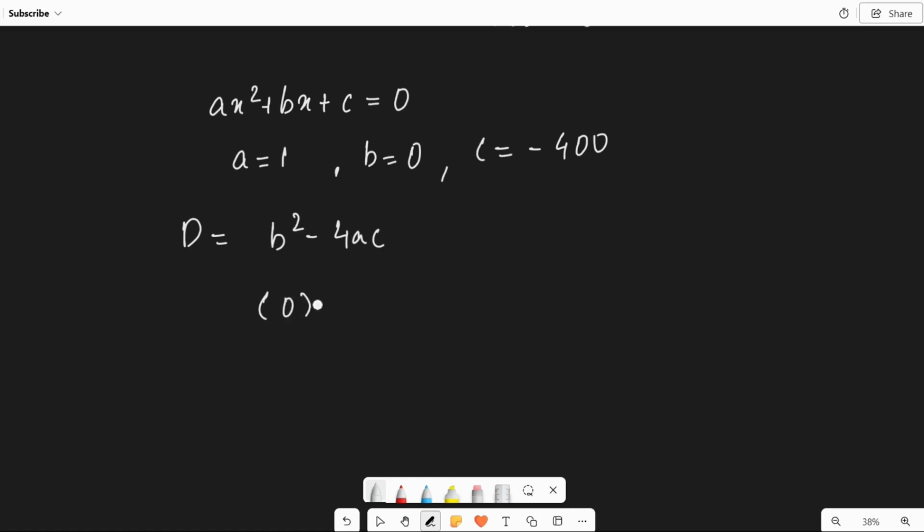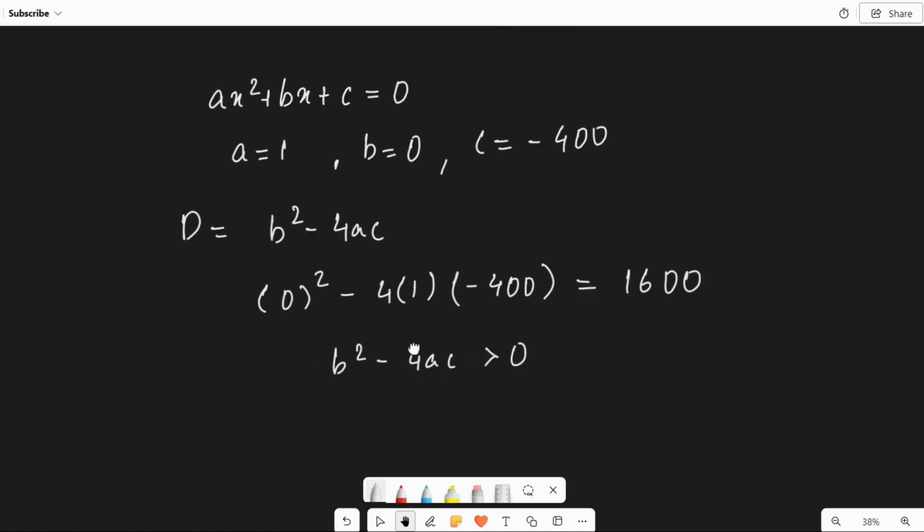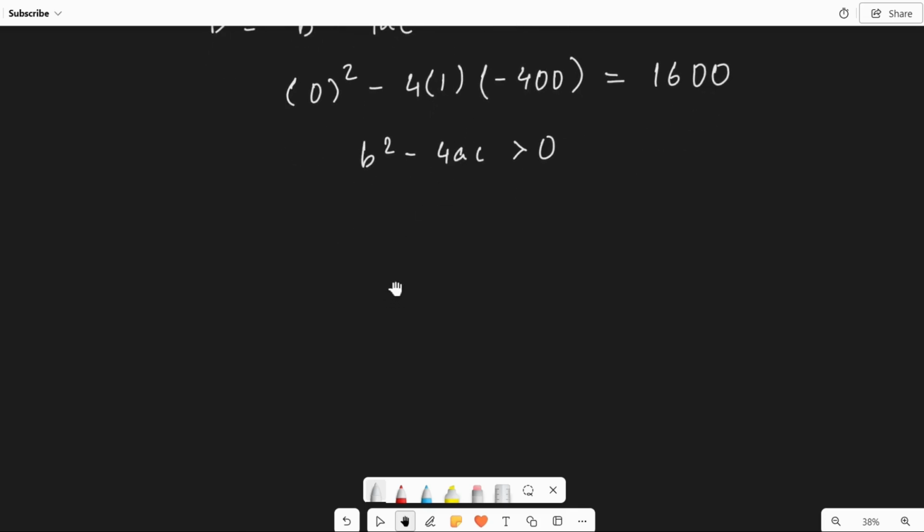So this becomes 0 square minus 4 into 1 into minus 400, that becomes 1600. So b square minus 4ac has a value that is greater than 0. So this means that roots are distinct and real, and it is possible to have a rectangular grove that can be designed with this length and breadth.